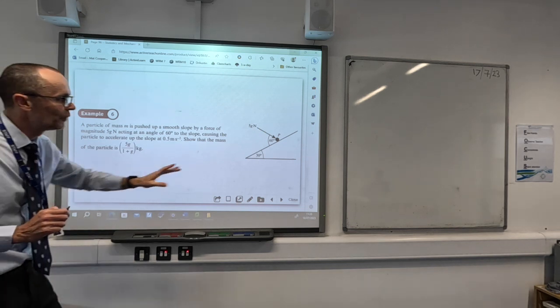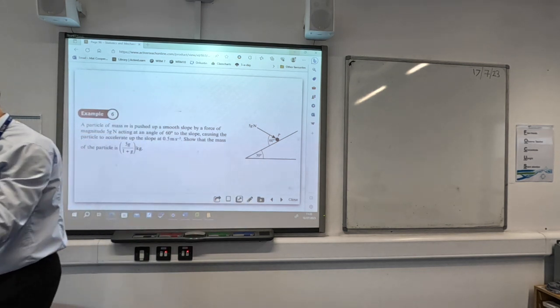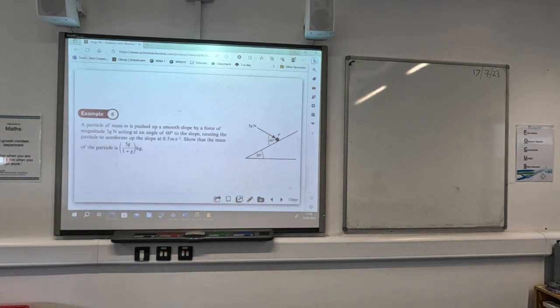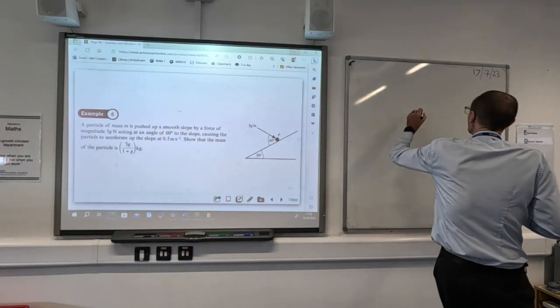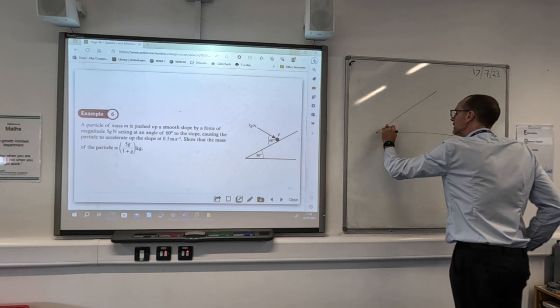So we've got forces which are acting in relationship to the 30-degree angle, but we've also got the 60-degree angle in there. So the first thing I think it's worth doing is drawing the diagram and working out the missing angles in that situation, and also drawing in the forces which aren't drawn in that picture.